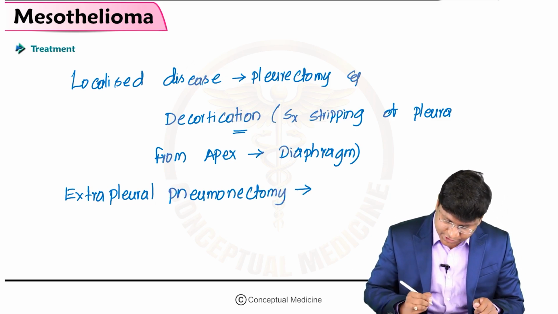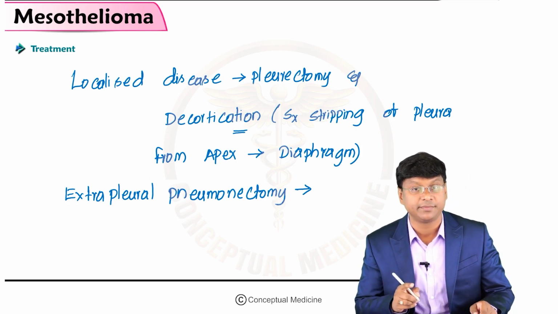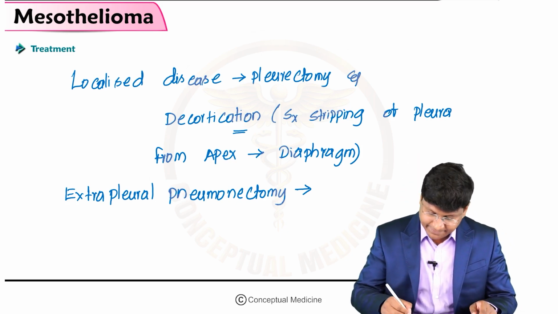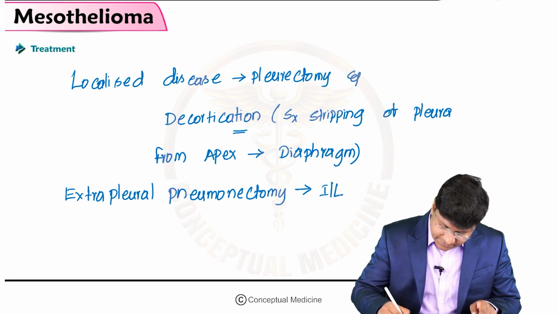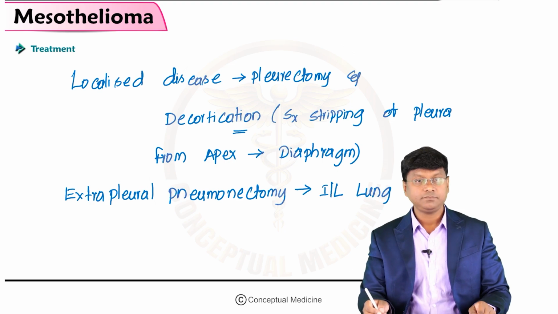Right, so what all structures will you take out in this extrapleural pneumonectomy? You will take out the ipsilateral lung. Why is this? That is because of the spread of the mesothelioma to the lung, right?